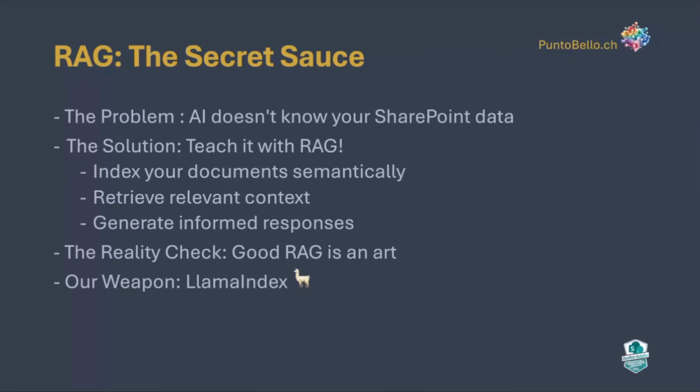When we want to retrieve file content and feed it to an LLM, we need to index that content first semantically. This is because the context window of an LLM is limited, and we cannot give every file to the LLM.